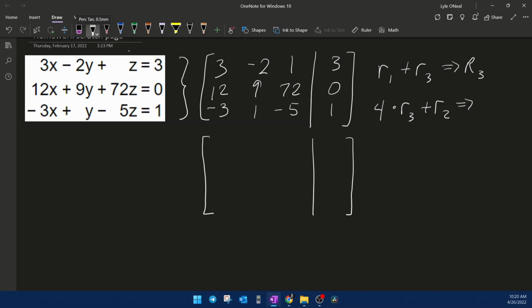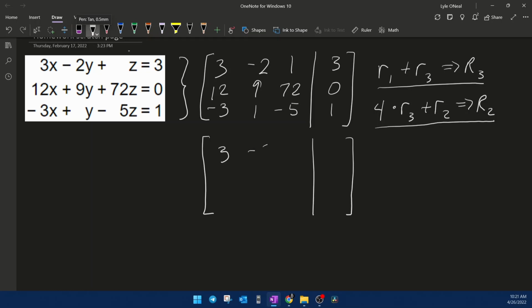And that will produce a new row 2. Now I've written these backwards. I'm actually going to perform this row operation first, and then this row operation. Notice that row 1 here is not going to change. And so I'm going to copy and paste row 1 to begin with.